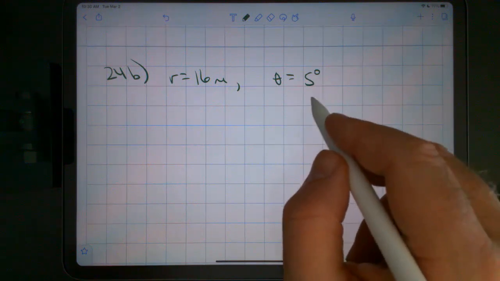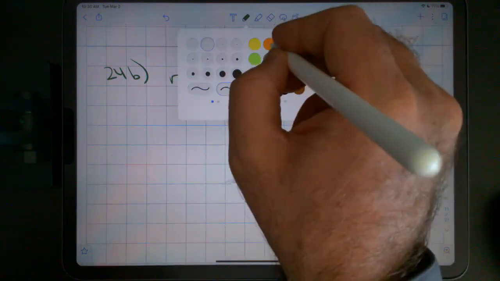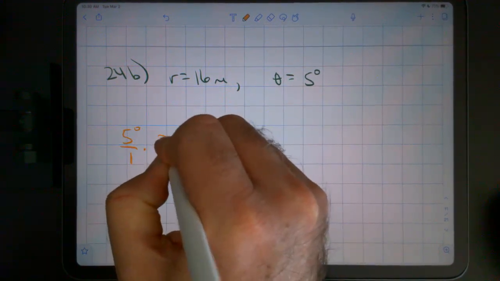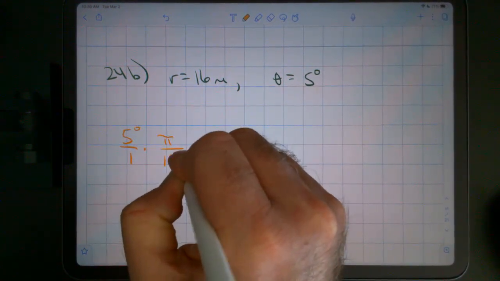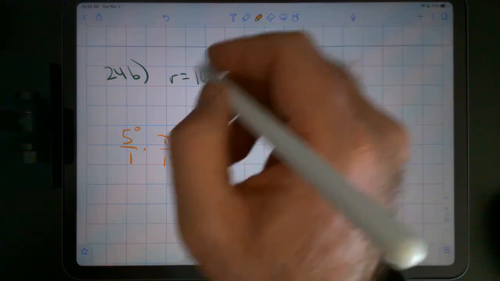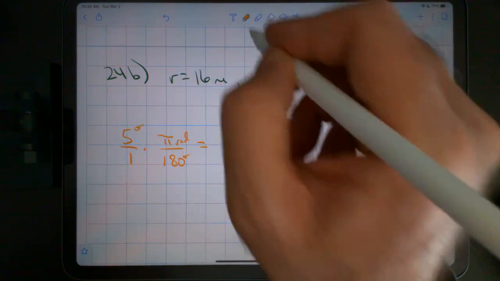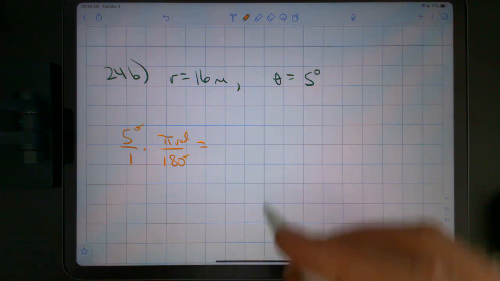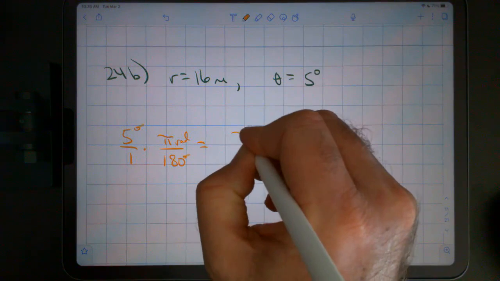Five degrees, convert that to radians. Five over 180 is 1 over 36.